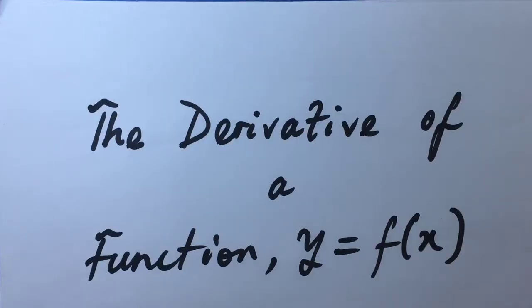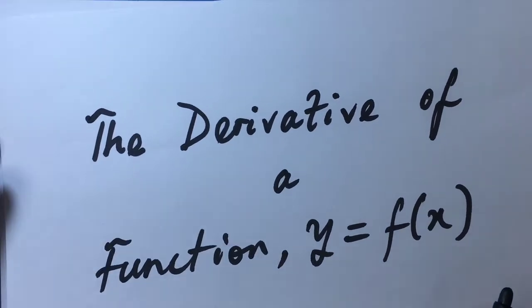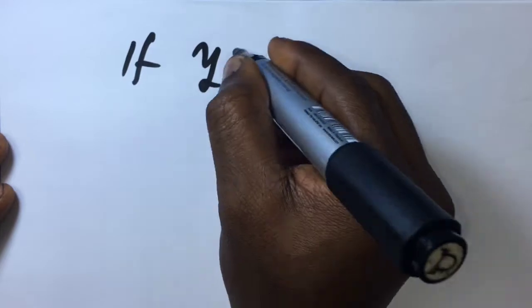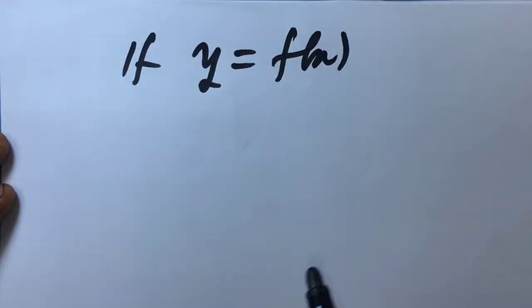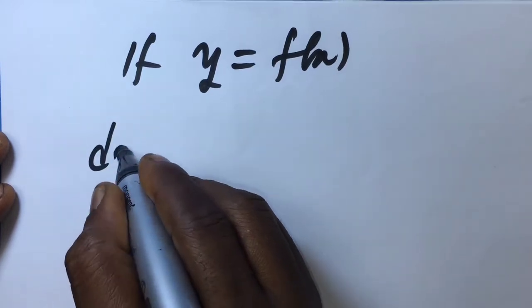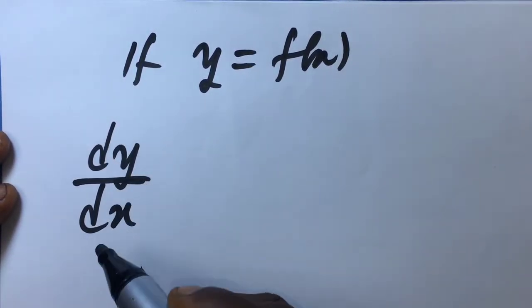So the first question we shall be answering in this video is, what is the derivative of a function y equals f of x? Simply put, if y is equal to f of x, what is defined as the derivative of y with respect to x is written as this and pronounced as dy dx.